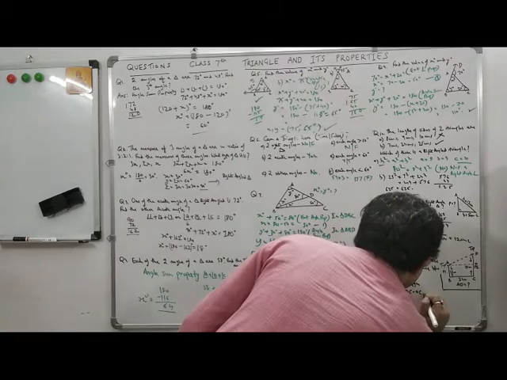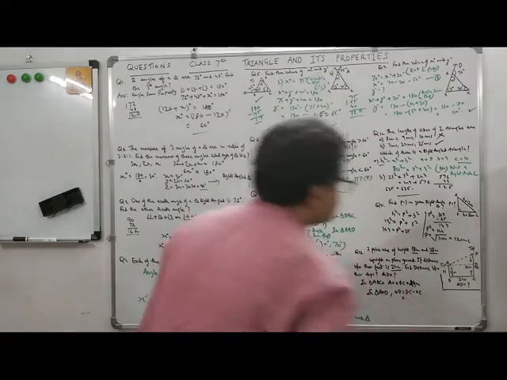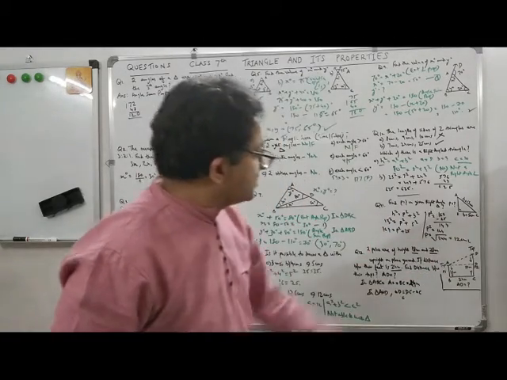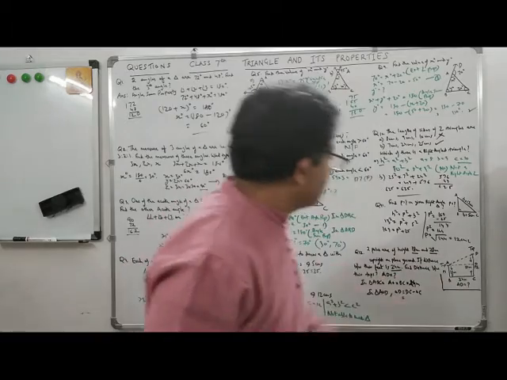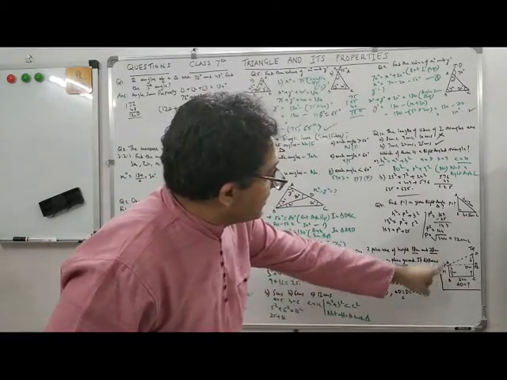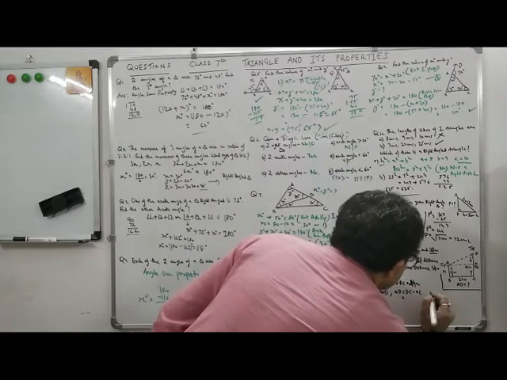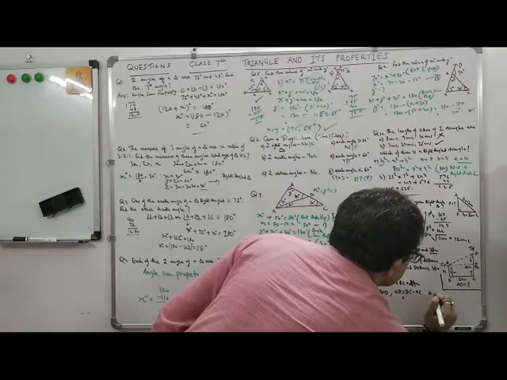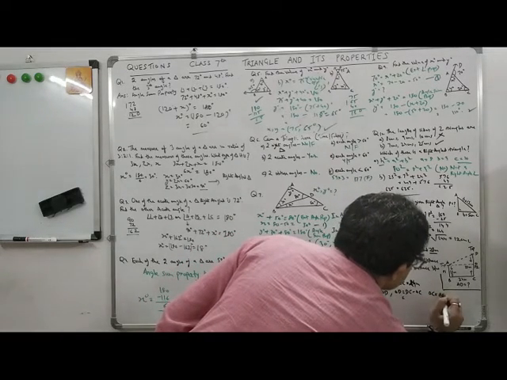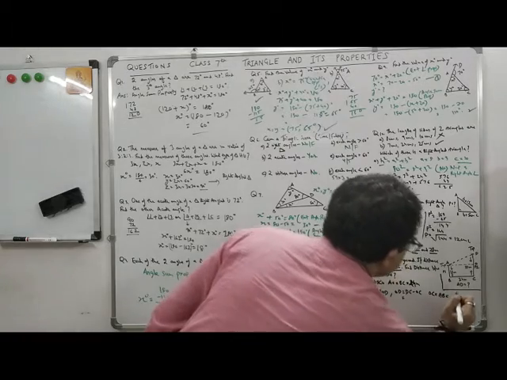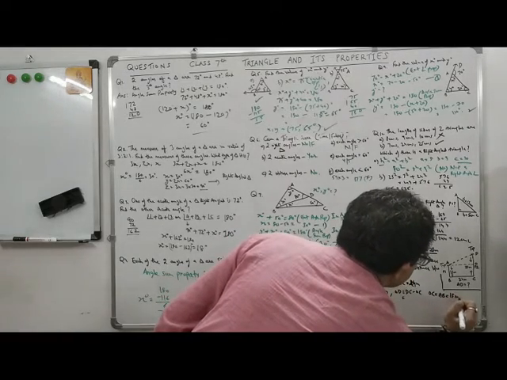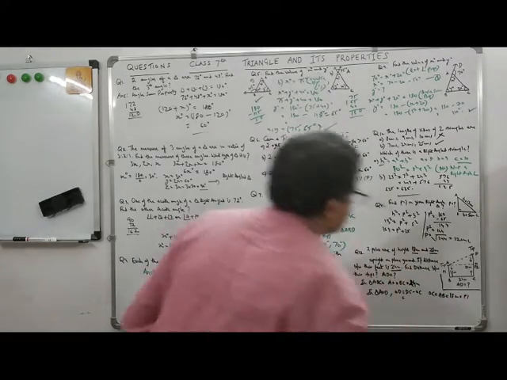What is DC? Whole of DC is how much? Mentioned to you, 28. And what is AB? AB is equal to OC, rectangle, right? You can write here OC is equal to AB is equal to how much? 18, because this is the length of the pole, P1, 18.